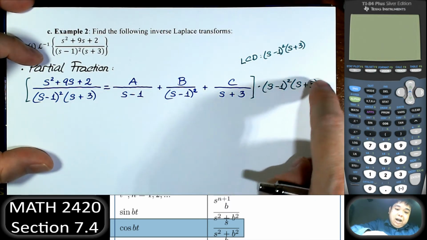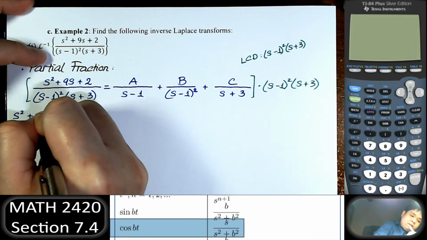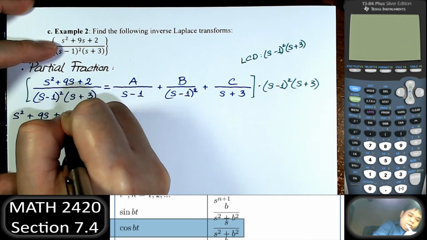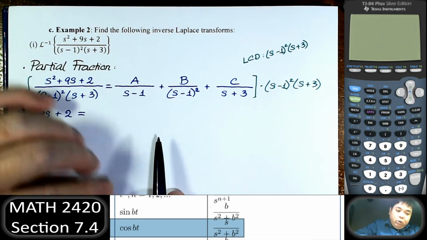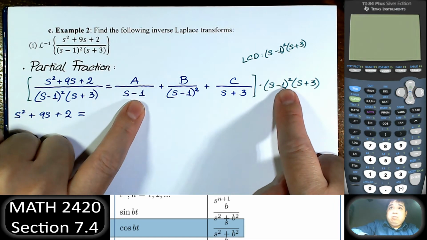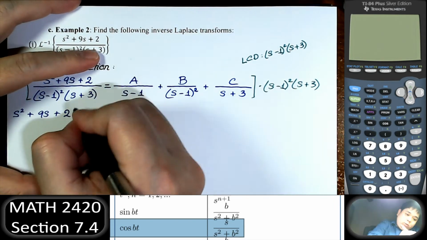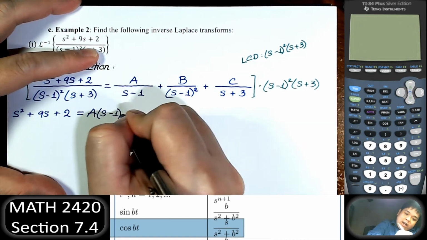If we multiply that, this cancels out, we have s squared plus 9s plus 2. Now, here we have multiplied these two terms. One factor of s minus 1 cancels out. So we are left with s minus 1 and s plus 3.